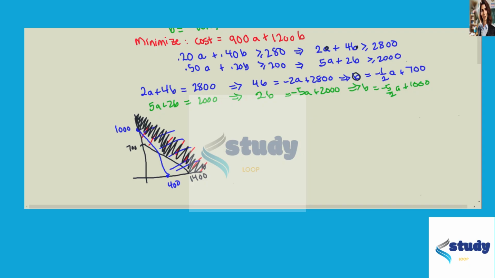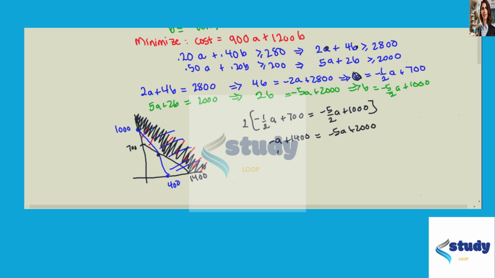Okay, we already have two of the points. We need to find a third point right here, and there's lots of ways to do it. Since I have them both solved for B, I'm just going to set them equal to each other. Negative 1/2 A plus 700 equals negative 5/2 A plus 1,000. I'm going to multiply by 2 to get rid of the fractions. Minus A plus 1,400 equals minus 5A plus 2,000.